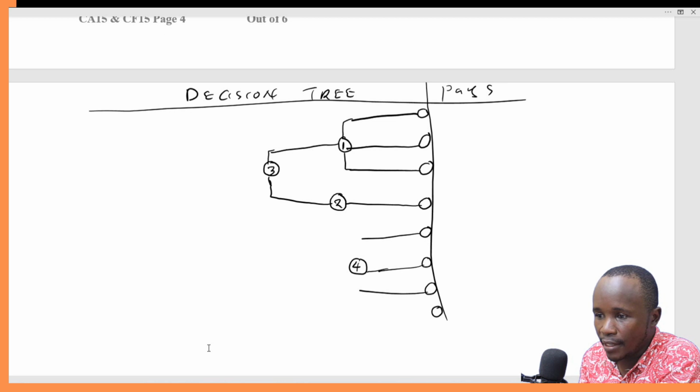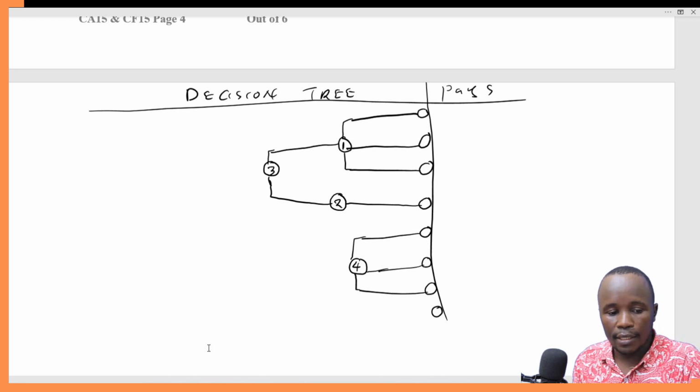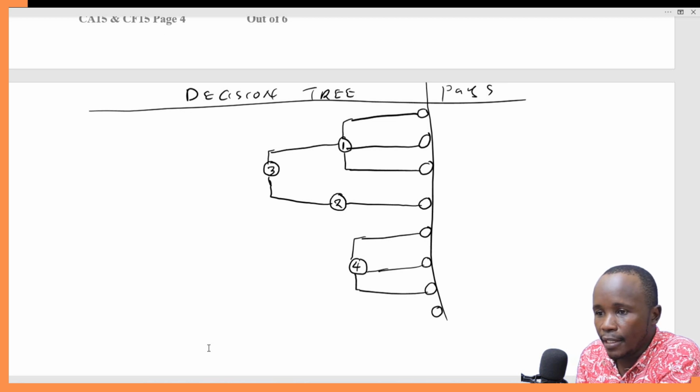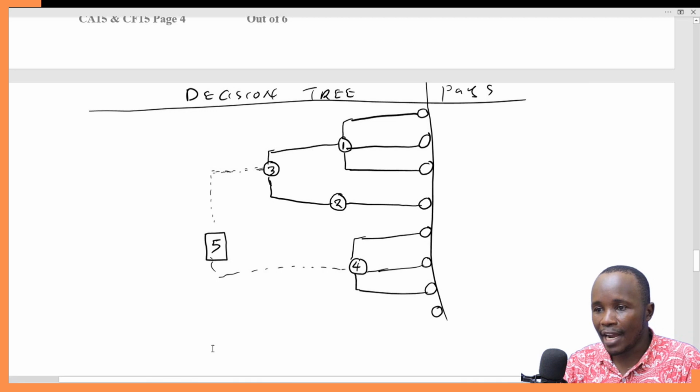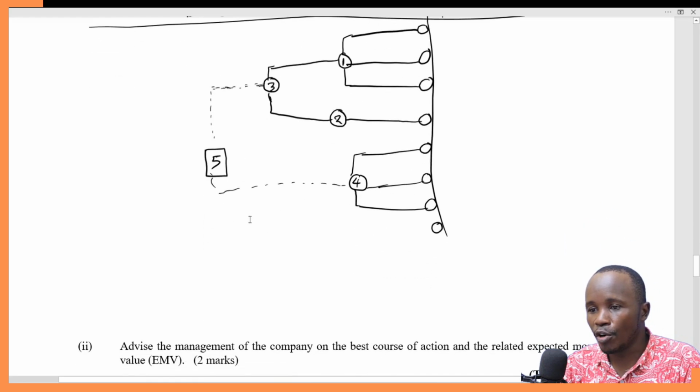When I don't test the market, I will still have 3 tails. And these 3 tails, not testing and testing, they are options. So they are not the outcomes, they are not the tails. I draw them with dotted lines, and they are going to give me number 5. Reason being, they are options. You can decide either to test or not test.